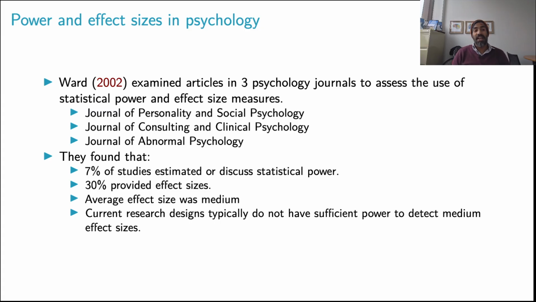So their average effect size is medium, but the power they're using is 0.8, and so they don't have sufficient power to detect that medium effect size. This was published in 2002.